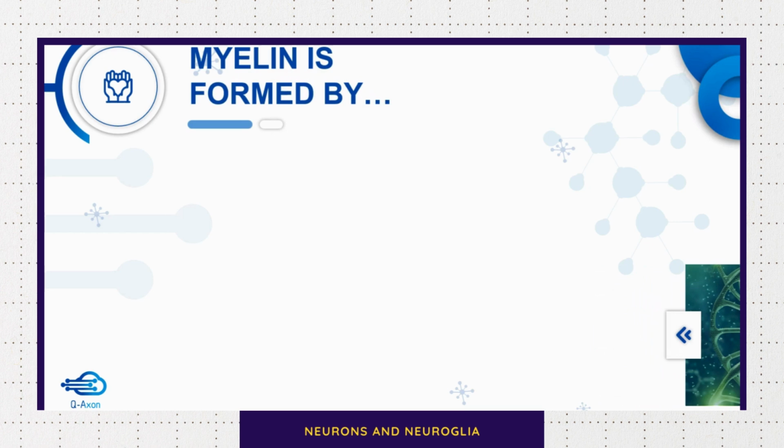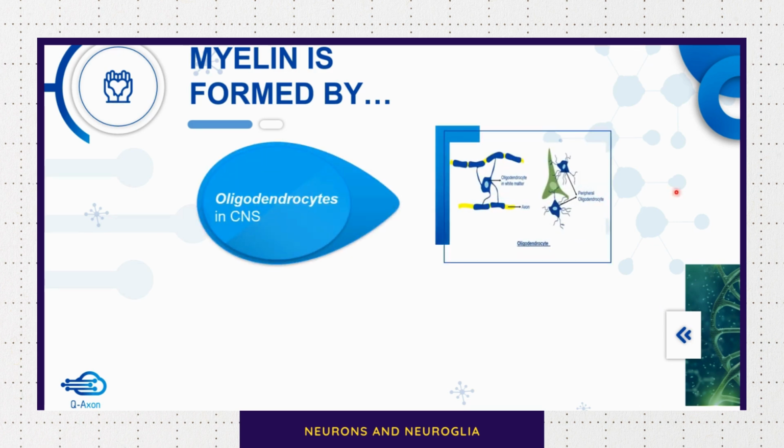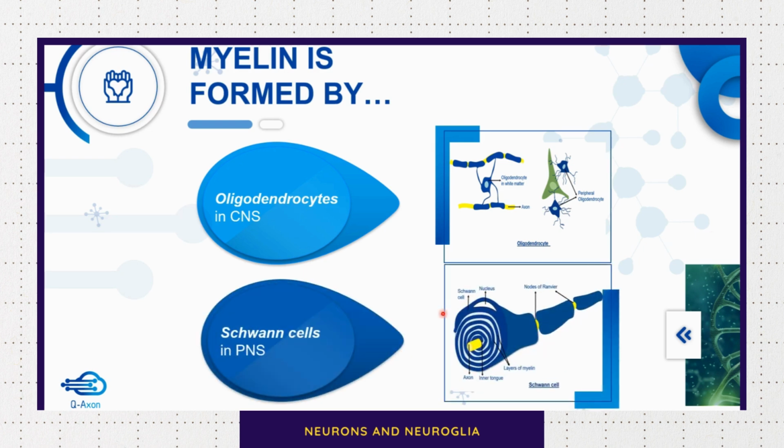Now, the process of formation of myelin differs between the central nervous system and the peripheral nervous system. In the central nervous system, the oligodendrocytes form myelin, whereas in the peripheral nervous system, the Schwann cells form myelin.